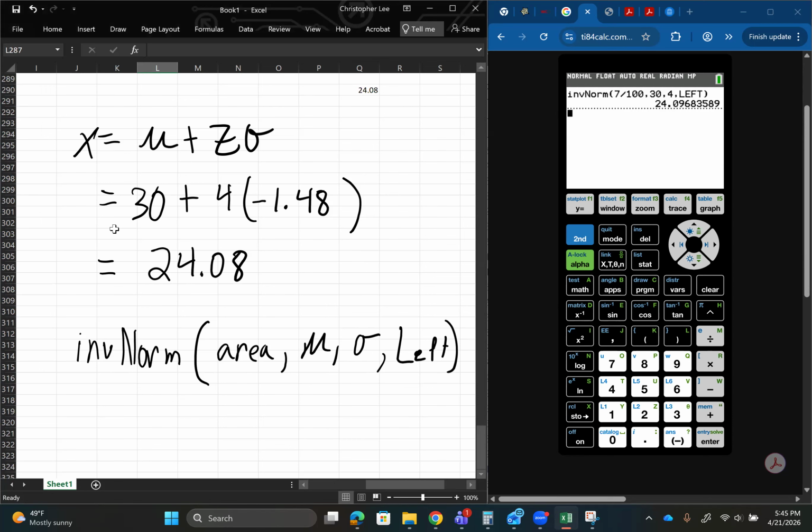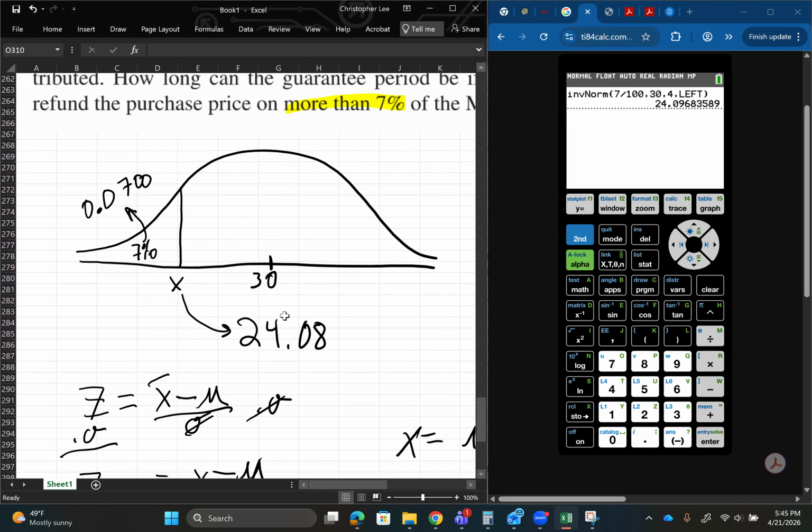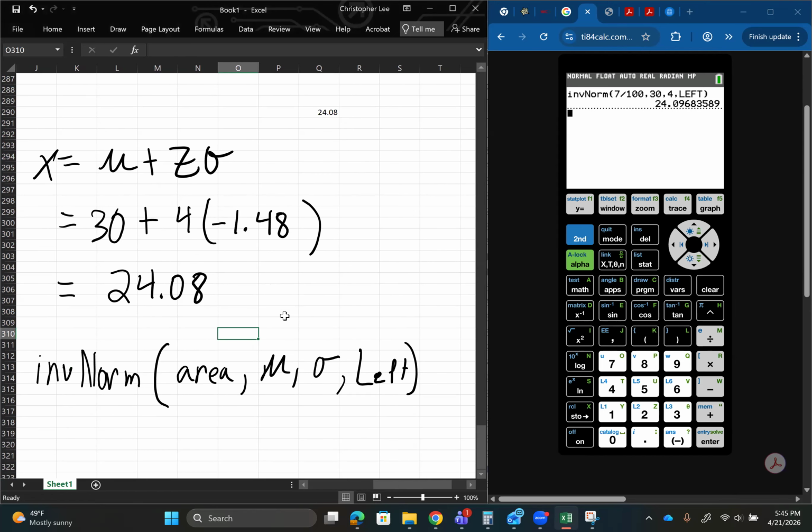Because remember, we're working with this question over here. Well, no, the negative comes by itself. You don't have to worry about that. The area is 7/100.